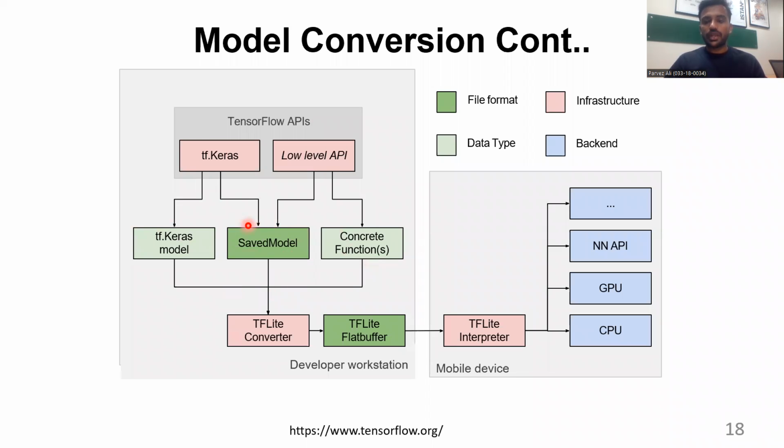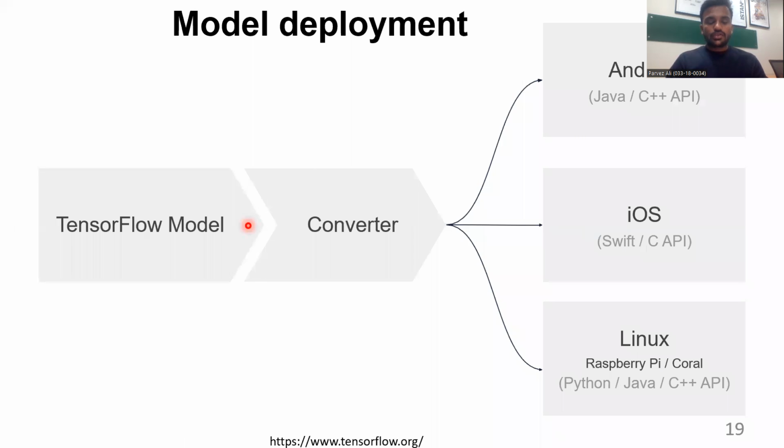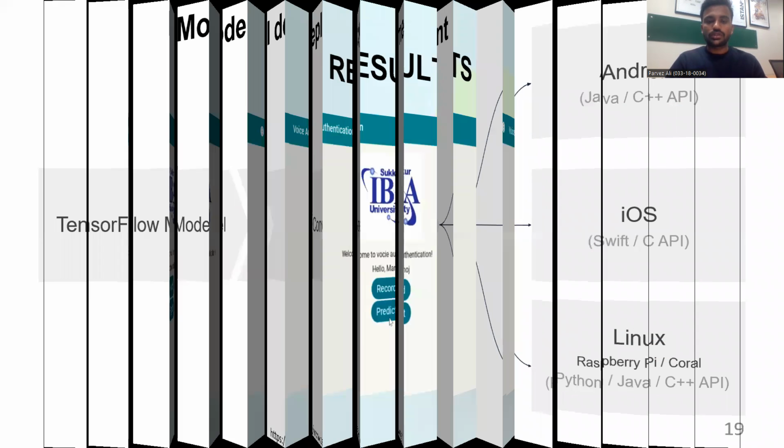Like, we will train a model and save it in .h5 format and then convert it into a TF-Lite format. So if we have converted our model using the TF-Lite converter, then we can use that TF-Lite format model in Android, iOS, or any Linux board like Raspberry Pi or in microcontrollers.